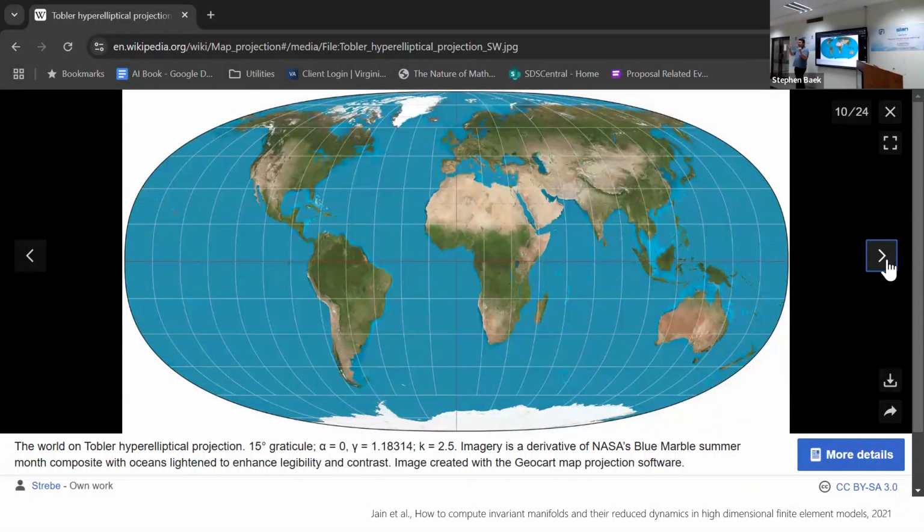If you preserve the distance or area, then you have to give up the angles. If you preserve angles, then you have to give up the distance or area. Okay, and there's no way that you can preserve everything. That is kind of what Carl Friedrich Gauss said in his theorem.